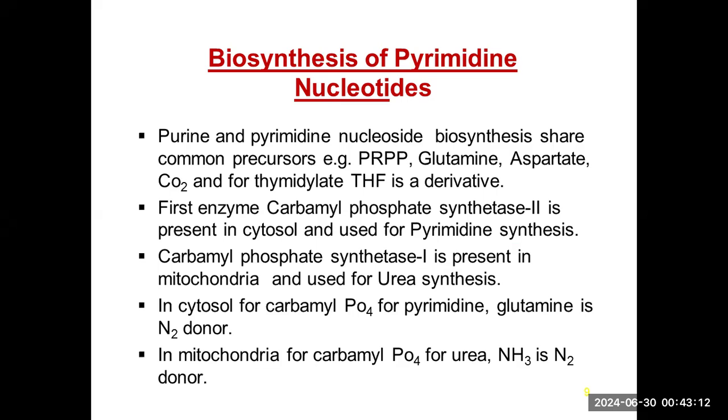We'll be discussing these two enzymes in the later slides. In cytosol, for carbamoyl phosphate for pyrimidine synthesis, glutamine is the nitrogen donor. And in mitochondria, for carbamoyl phosphate for the urea cycle, ammonia is the nitrogen donor. So this is the difference between these two that we'll be discussing in the later slides.